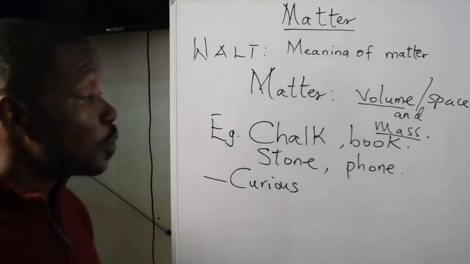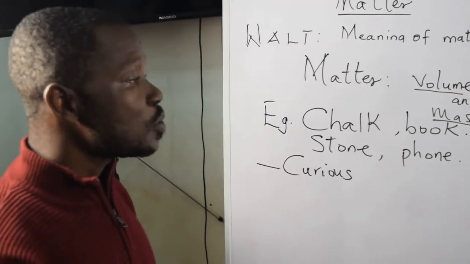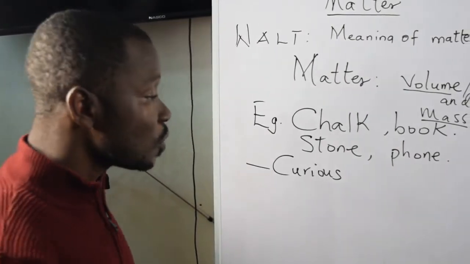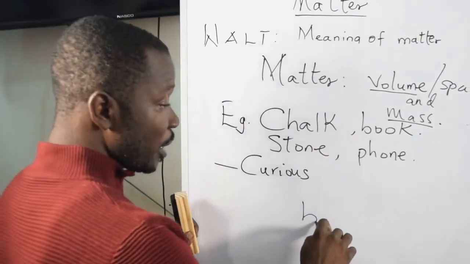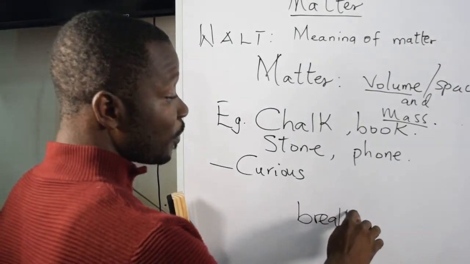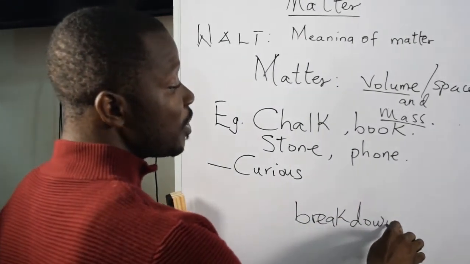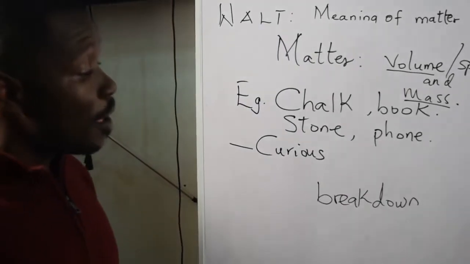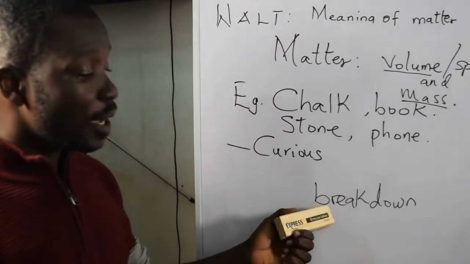Now when we take stone or chalk, I want us to know the particles that are found in these examples. So the best thing to do is to break it down. So I'm curious, you've given me chalk or stone as an example of matter. What I want to do is to break it down.